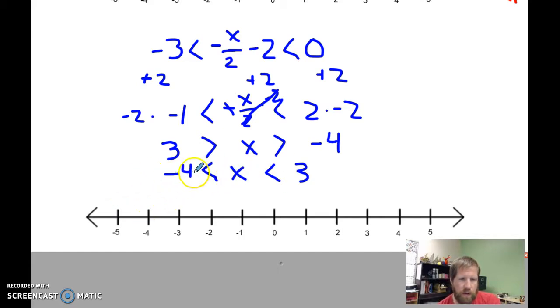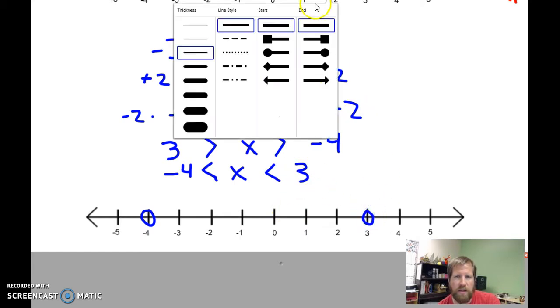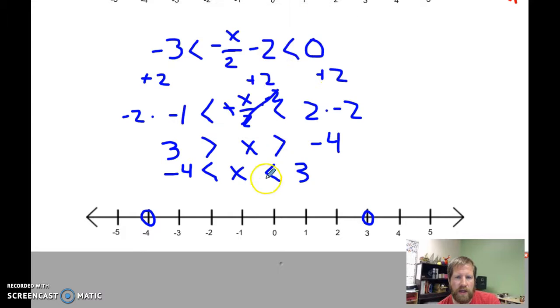Once I've got that, I find my endpoints, negative 4. And because there's no equal sign, it's going to be an open circle, positive 3, open circle, and then I just connect them because x can be any value between those two numbers. And that's my compound inequality.